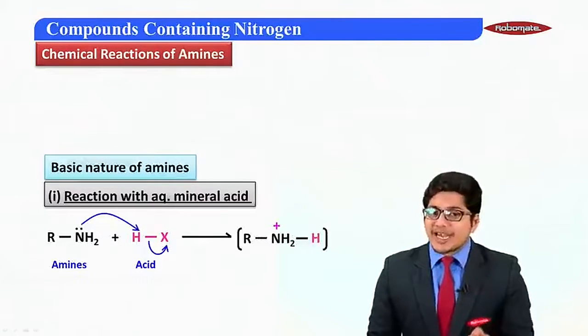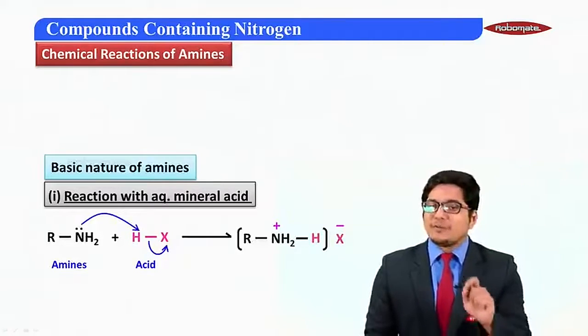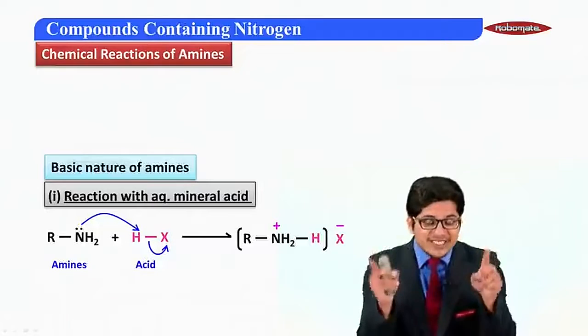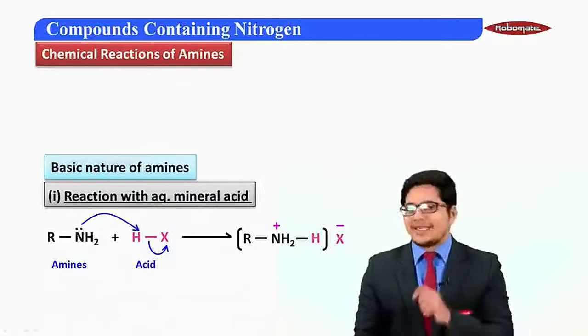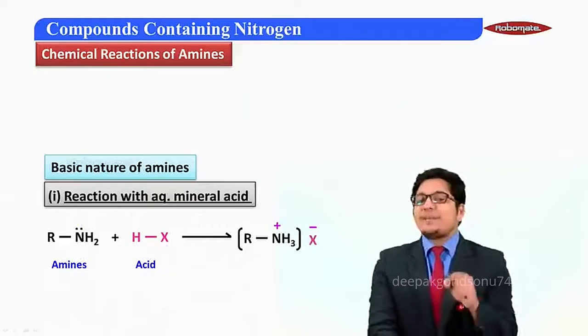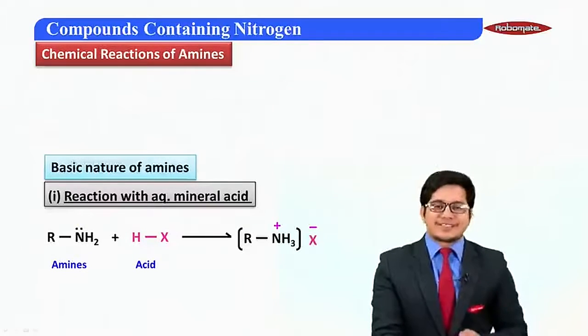So we get RNH2 positive, attached to H, with X minus, which can be written as RNH3 positive X minus.